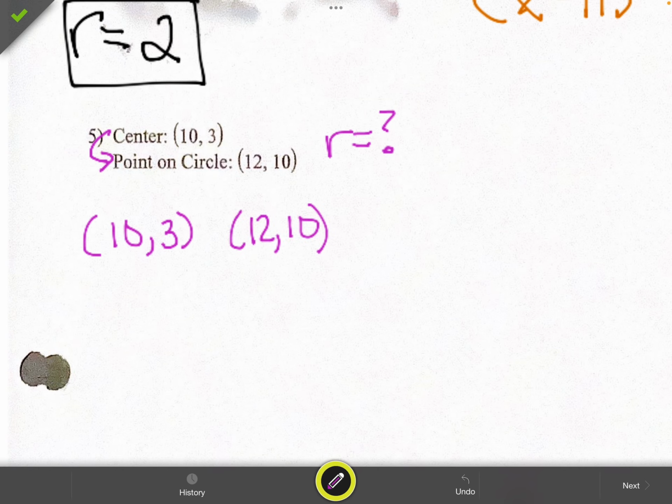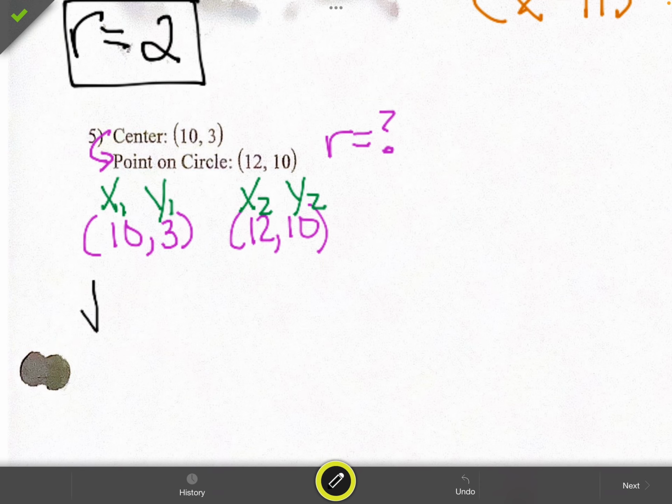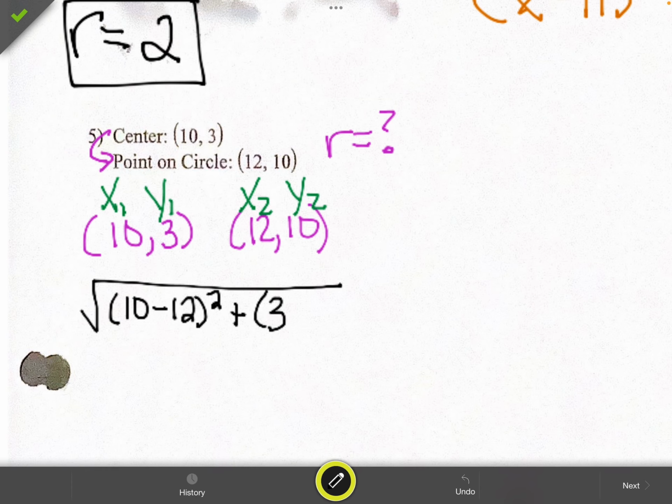Again, right now, you probably want to label first x, first y, second x, second y, before you start trying to plug into your distance formula. All right, so we're going to say first x minus second x squared plus first y minus second y squared.